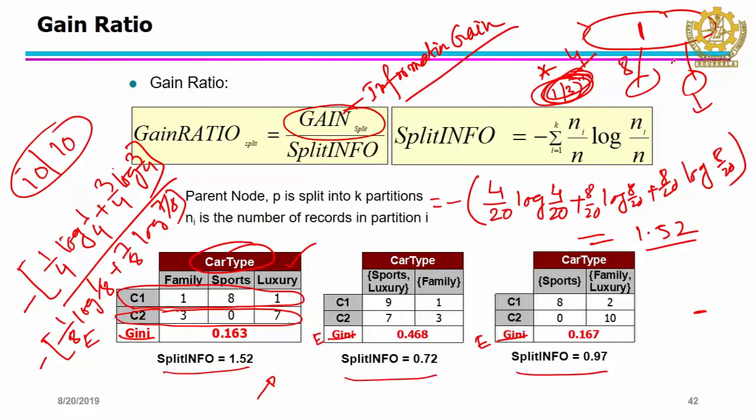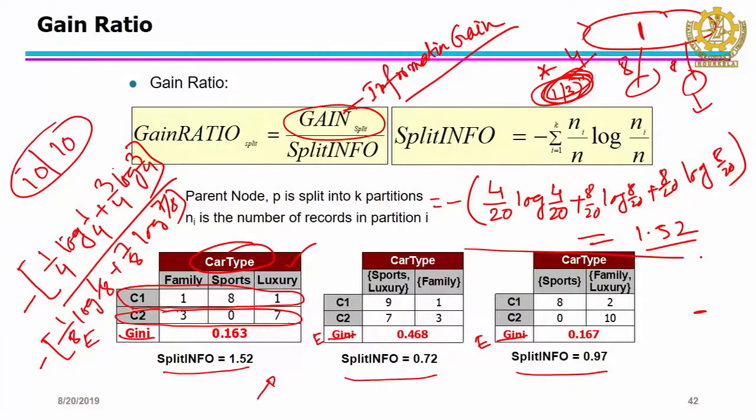Weighted sum here is 4, here is 8 and here is 8. And then if you subtract this value from 1, that will give you the information gain, and whatever information gain you get will be divided by this split info.